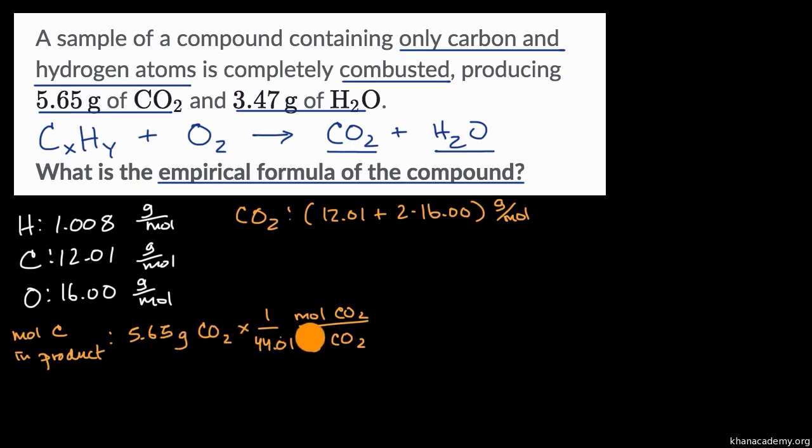And so if we did just this, the grams of CO2 would cancel the grams of CO2, and this would give us moles of CO2. But I care about moles of carbon in the product. So how many moles of carbon are there for every mole of CO2? Well, we know that we have 1 mole of carbon for every 1 mole of CO2. Every carbon dioxide molecule has 1 carbon in it. And so what is this going to get us?